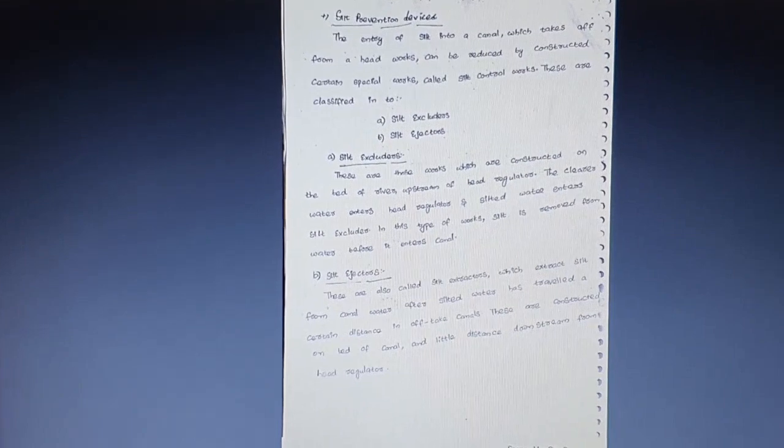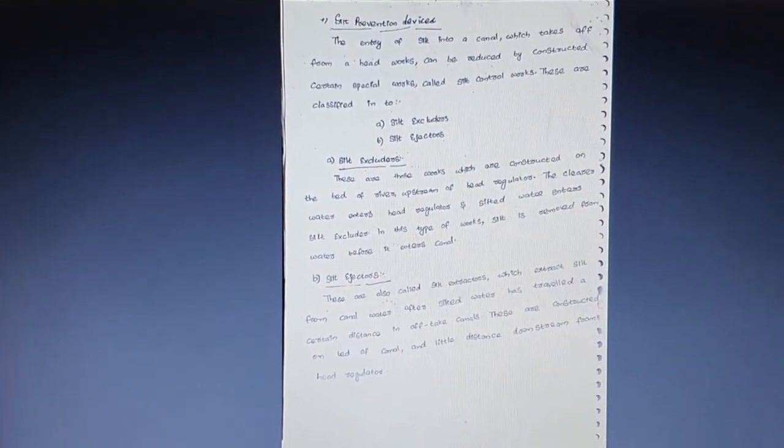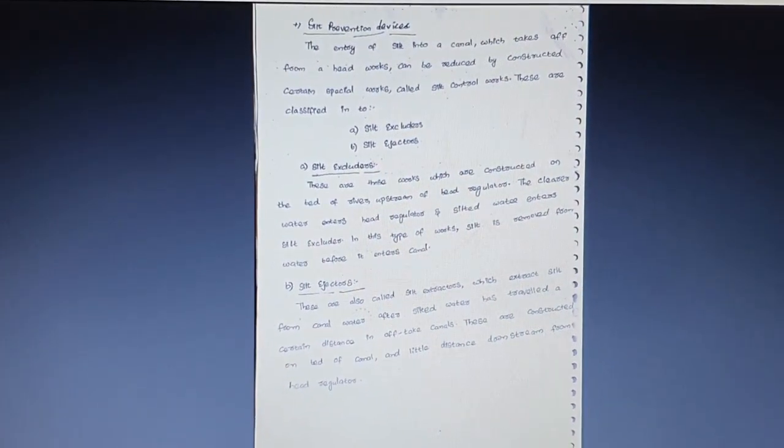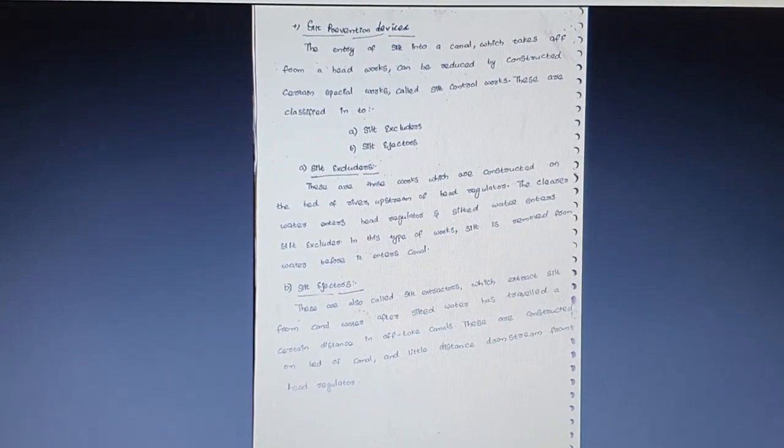Silt ejectors remove the silt particles from the canal water. So a silt excluder prevents the entry of silt particles into the canal section, and if any silt particles have entered the canal section, they can be removed with the help of a silt ejector.